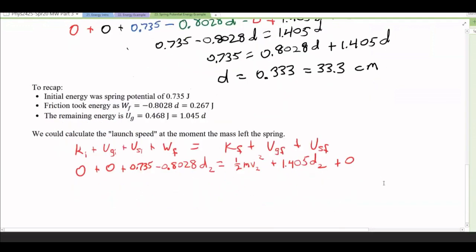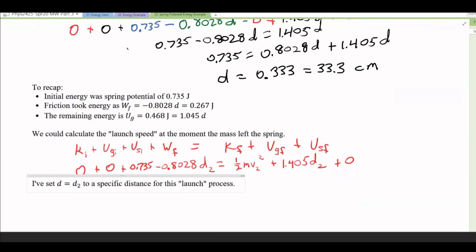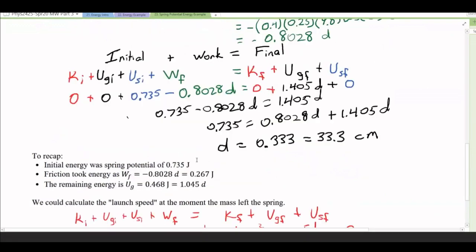So all I've done is I've set the d value to a specific distance for this launch process.